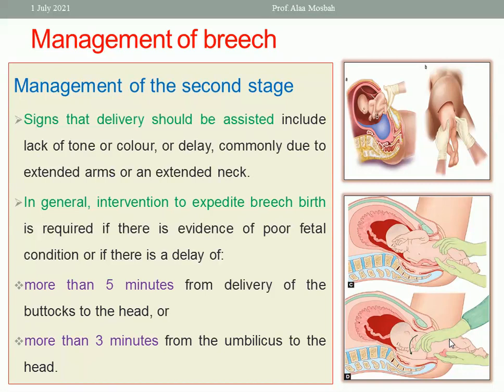In general, intervention to expedite breech birth is required if there is evidence of poor fetal condition or if there is delay of 5 minutes from delivery of the buttocks to the head, or more than 3 minutes from the umbilicus to the head.